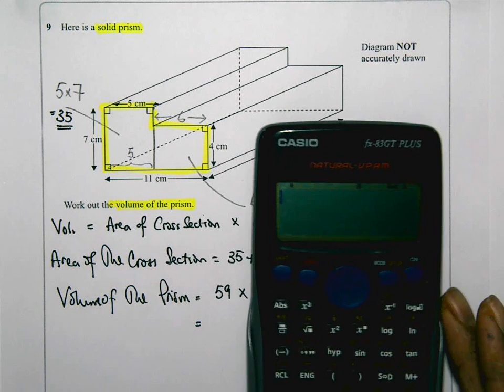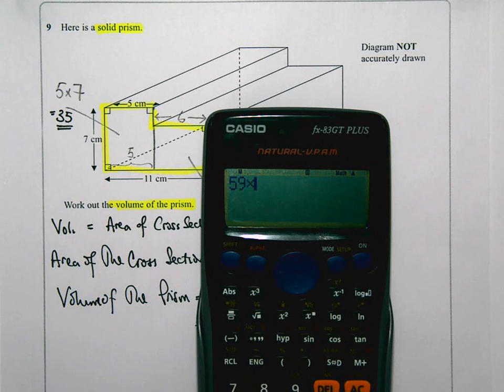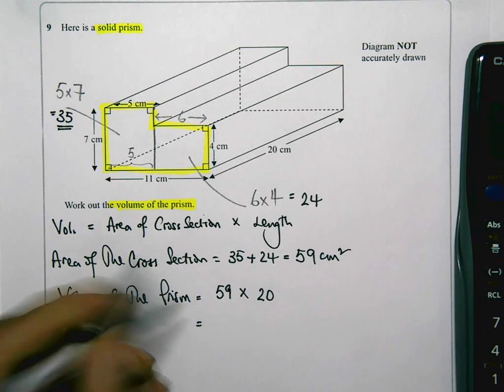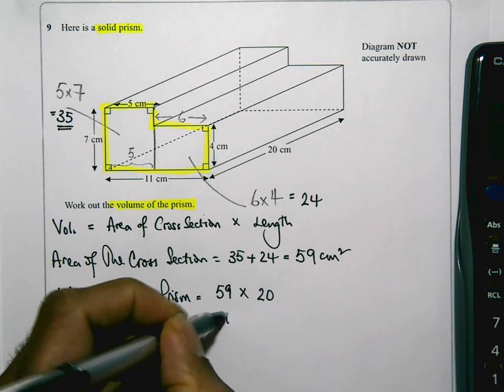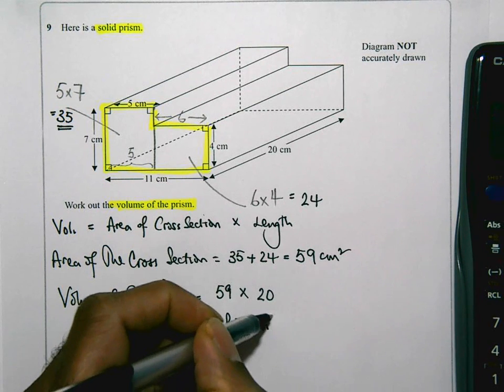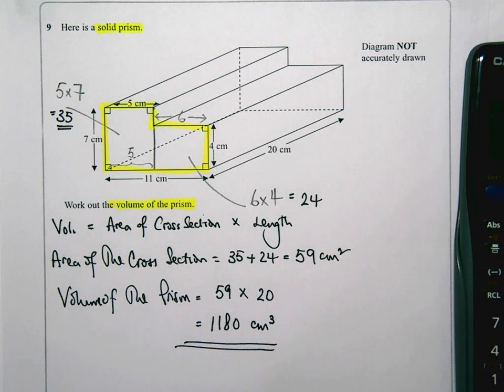It's a pretty straightforward calculation, but you have a calculator, make sure you don't slip up. So 59 times 20, that's going to be 1,180. And in the answer space they've actually written the units centimeters cubed. So I will write that 1,180 in the answer space.